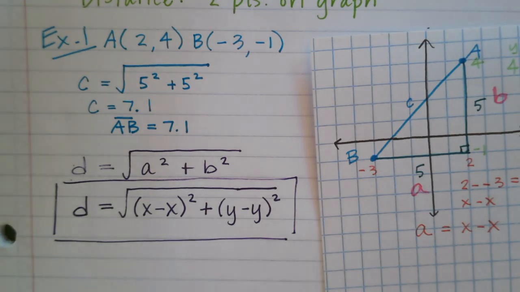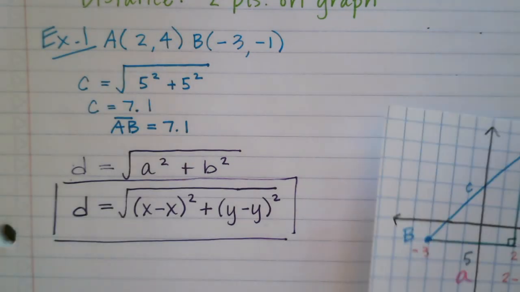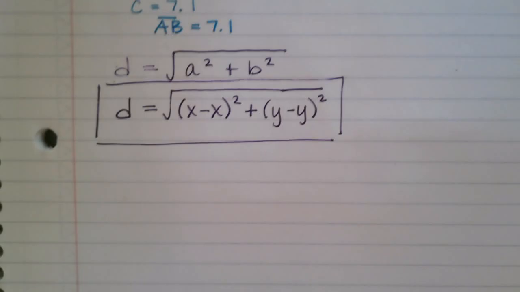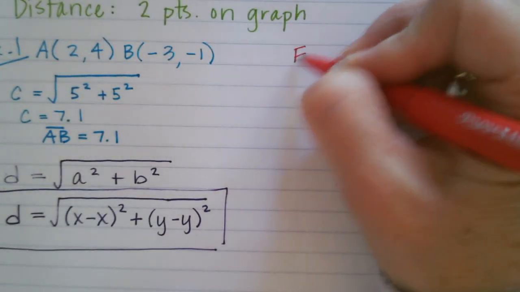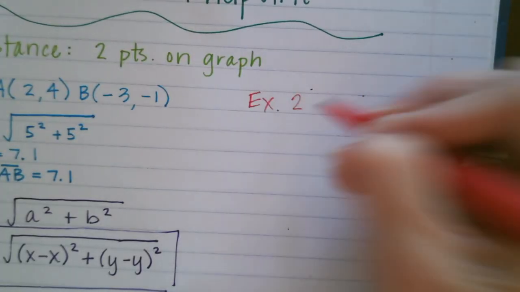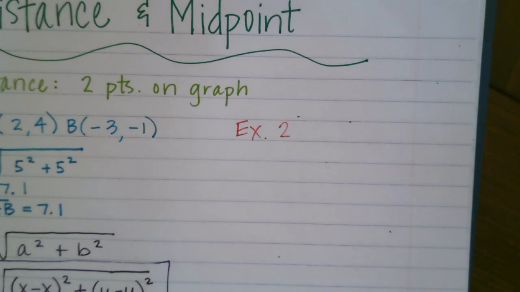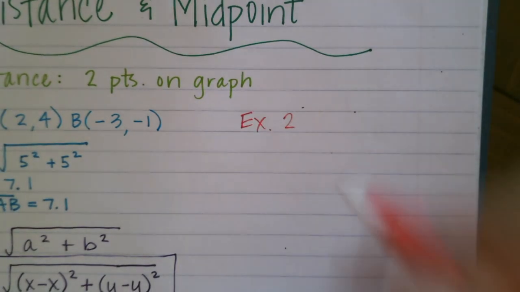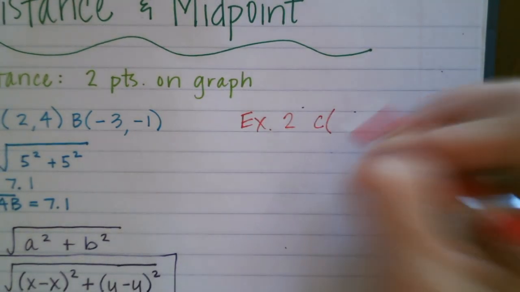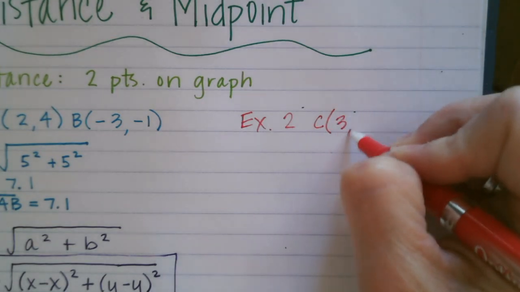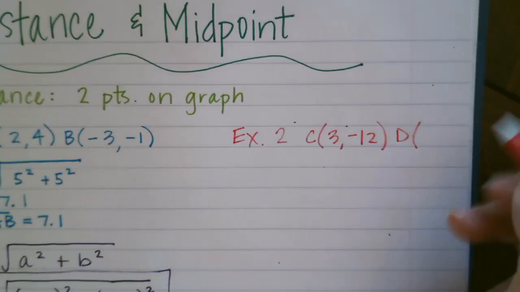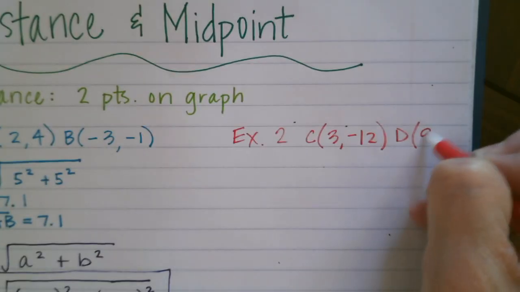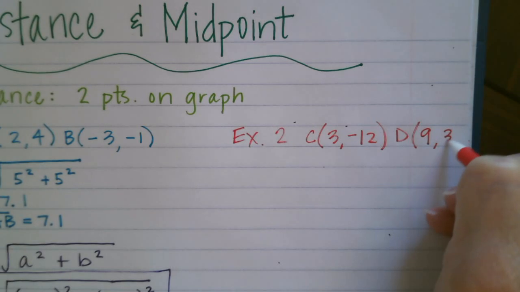All right, so let's try one without a graph. I'm just making these up, so I'm going to come over and write this one over here. Example 2. Let's say that point C is (3, -12), and point D can be (9, 3).